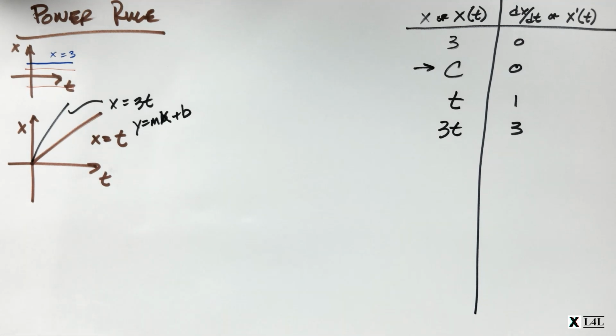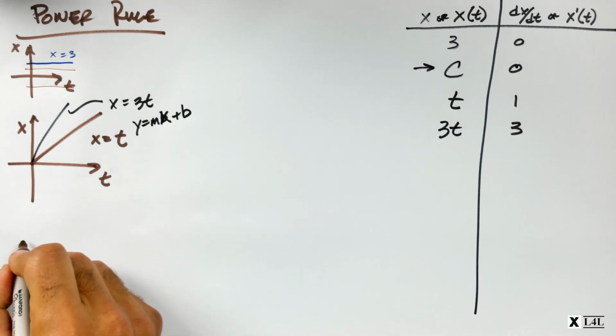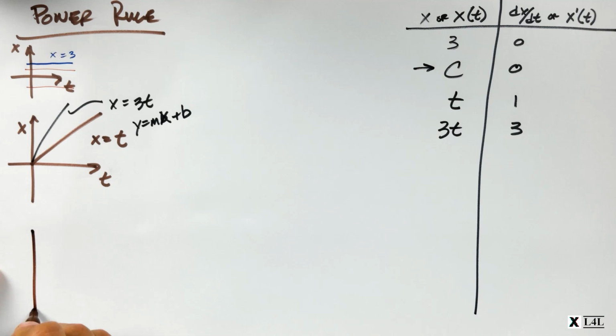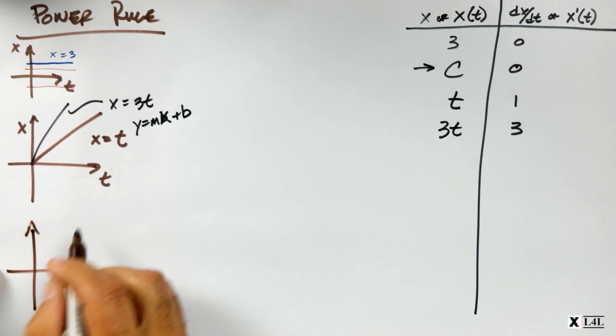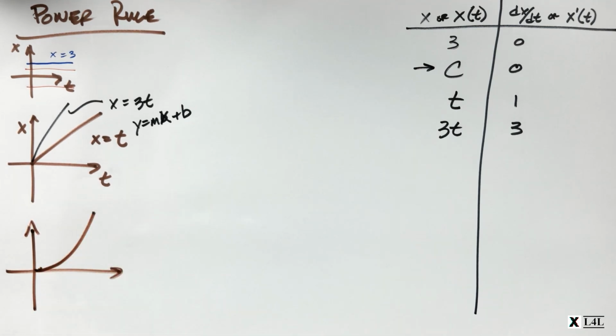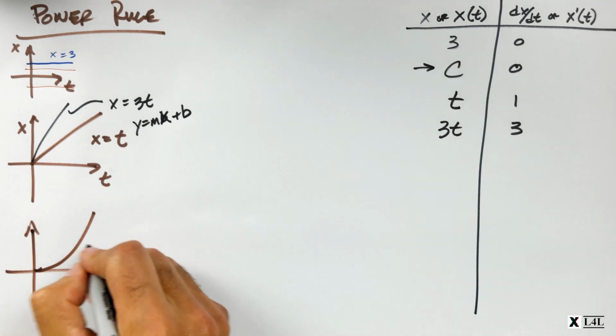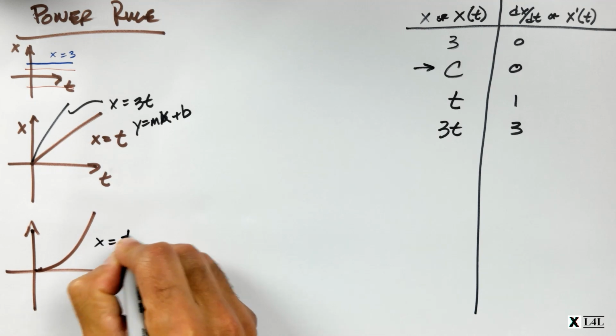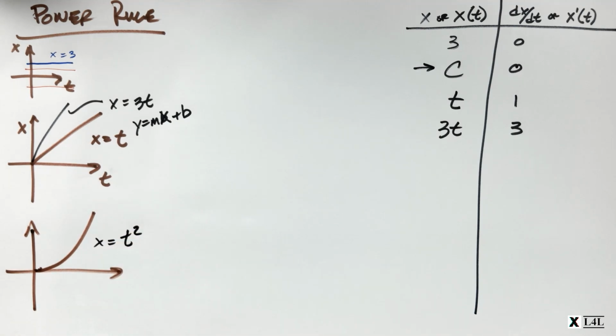Let's take a look at a parabolic function. Getting back to where we were looking with our graph here, let's talk about x equals t squared.